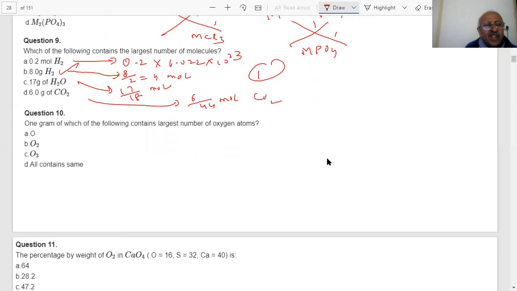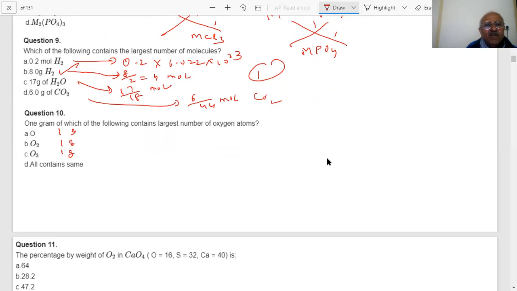Next question is coming on the screen. 1 gram of each of the following; which of the following contains the largest number of oxygen atoms? You are given 1 gram of each. Which will contain the largest number?